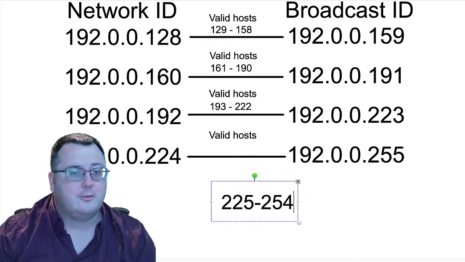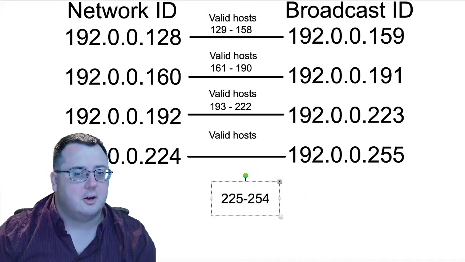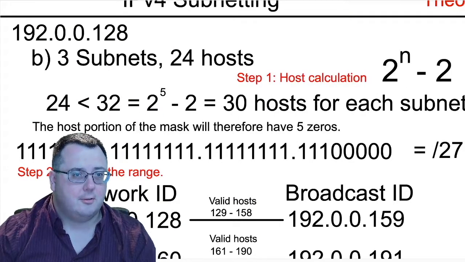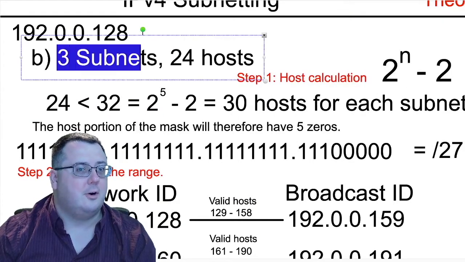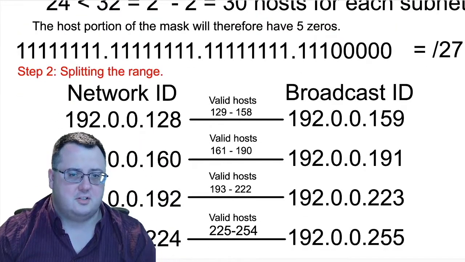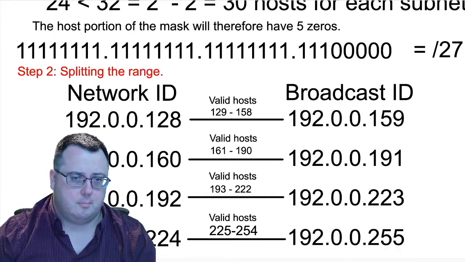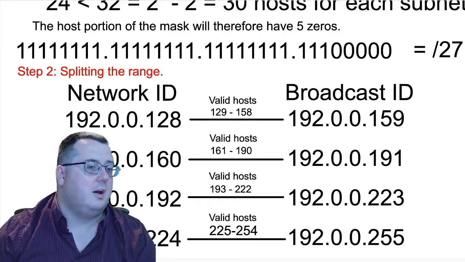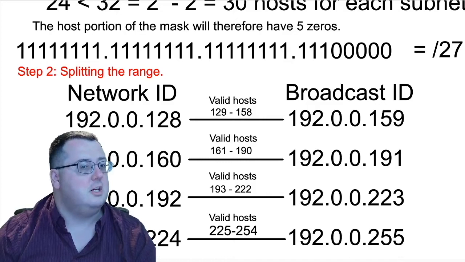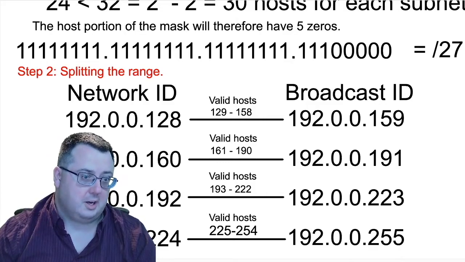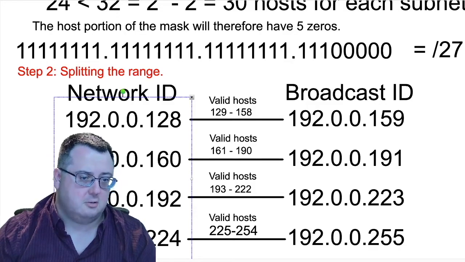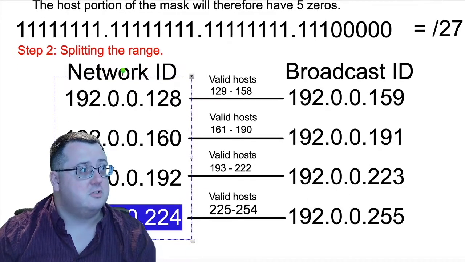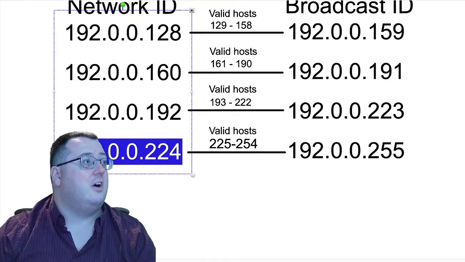Now you're probably wondering why I didn't include those. Well, the question said 3 subnets, 24 hosts. So the first 3 between 128 and 159, 160 and 191, and 192 to 223 is sufficient. We're going to carry forward this 192.0.0.224, if I scroll this down, to the final part of the question.